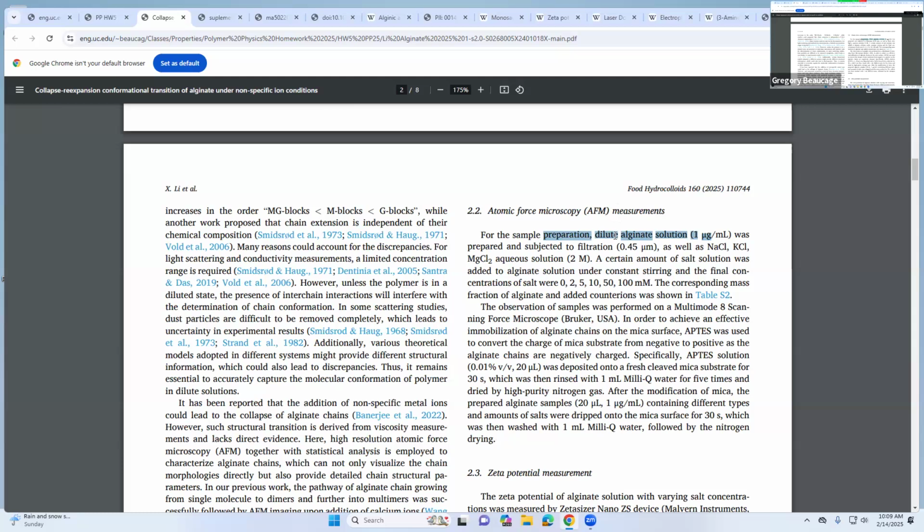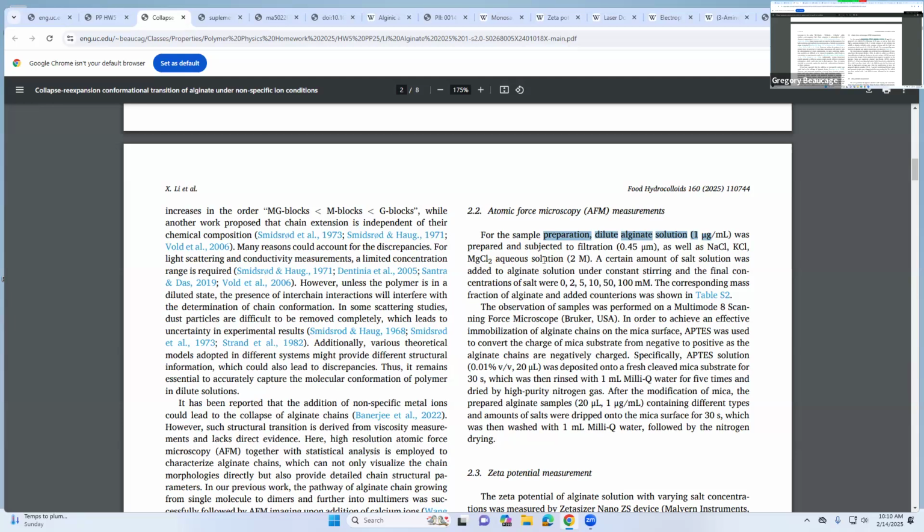We were doing mg per ml in the other one, and they said that was dilute for a rigid rod. This is a 1,000th of that 1% one. It's pretty dilute. In your mind, it should be like one chain floating around, and maybe another one somewhere else, right? So super dilute.